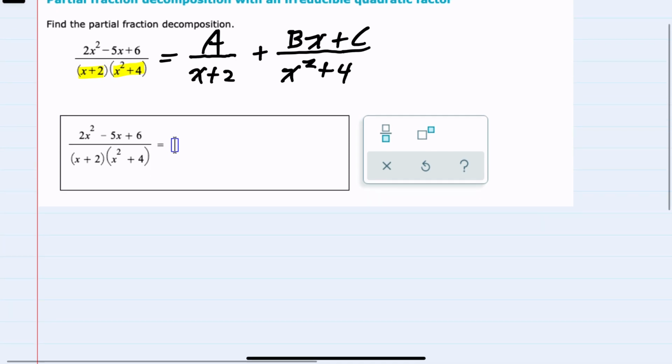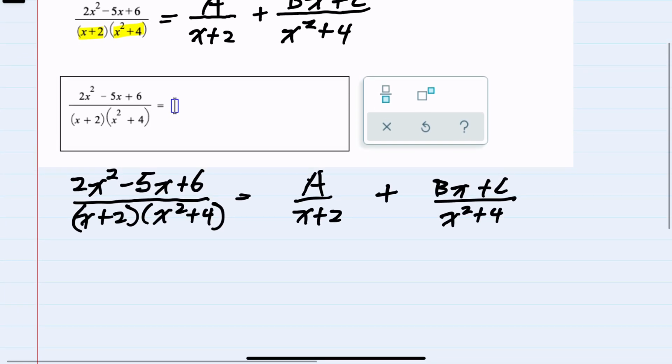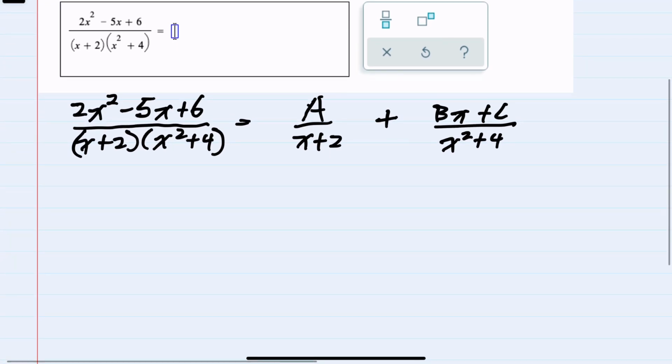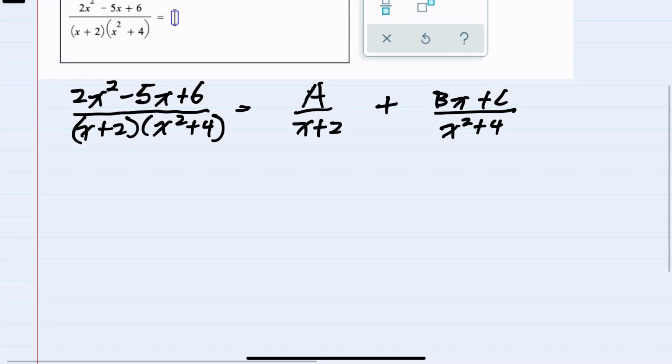Now that we have the form, as before, we can multiply both sides by the lowest common denominator, which is that original denominator, in order to cancel all of these fractions. So each term on the left and right gets multiplied by x plus 2 times x squared plus 4.